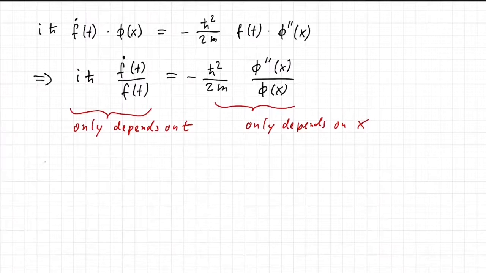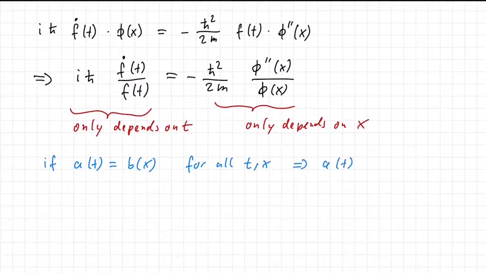In general, if you have some function a of t equals b of x for all t and x, then these functions actually have to be constant. We call that constant lambda.